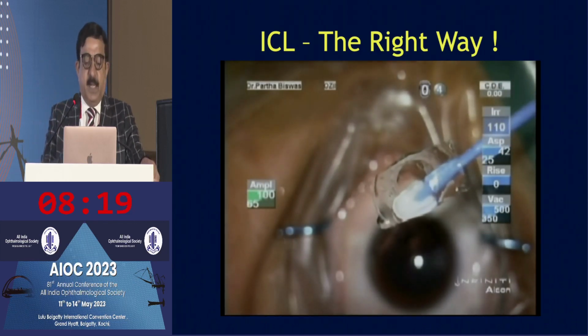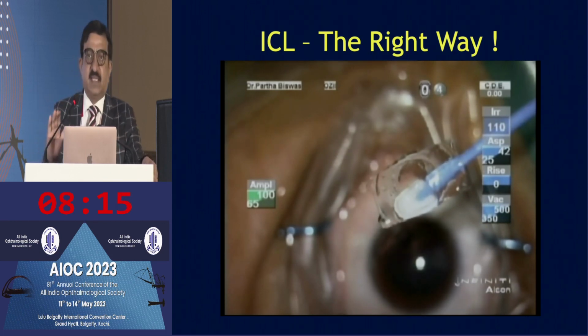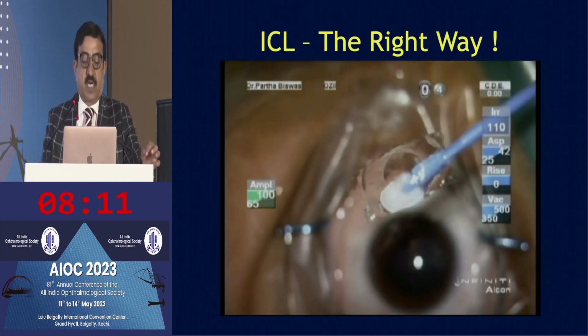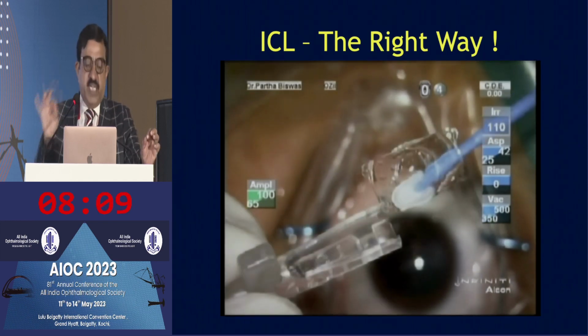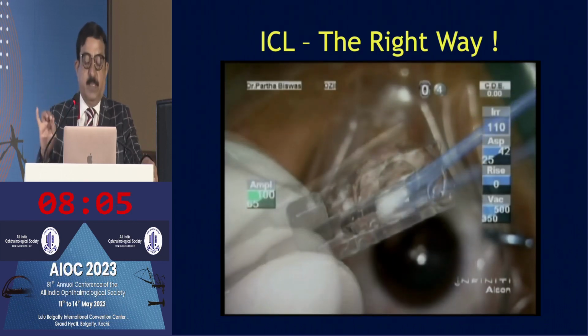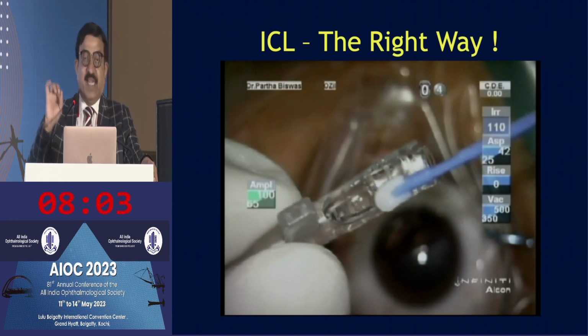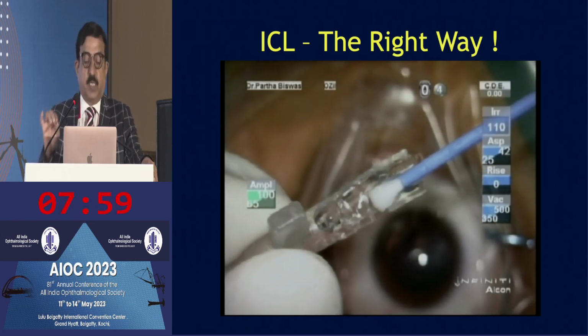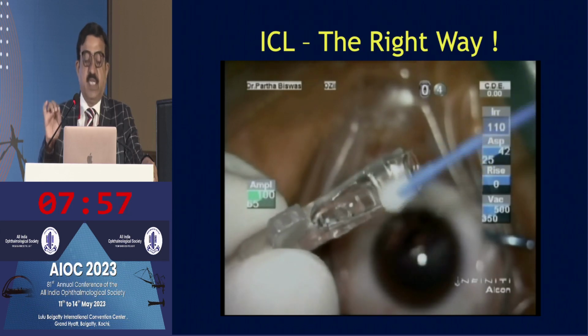Now, picking up with this applicator, and this is a very important applicator, do not use any other applicator than this, and then placing it very gently into the cartridge. It should not dehydrate during the process of the implantation, and if the time elapsed is more, then please put a drop of BSS on the ICL.